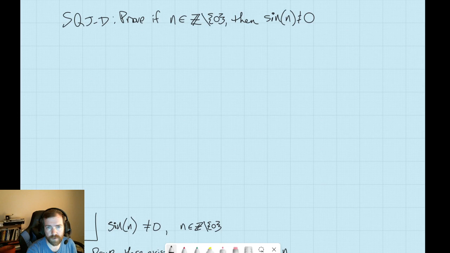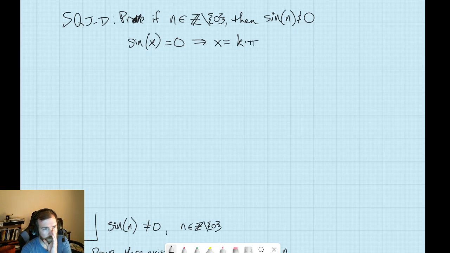Okay, so sine of x, we'll just do x, equals 0 is going to imply, therefore, x is going to be equal to some k times pi, where k is an integer.